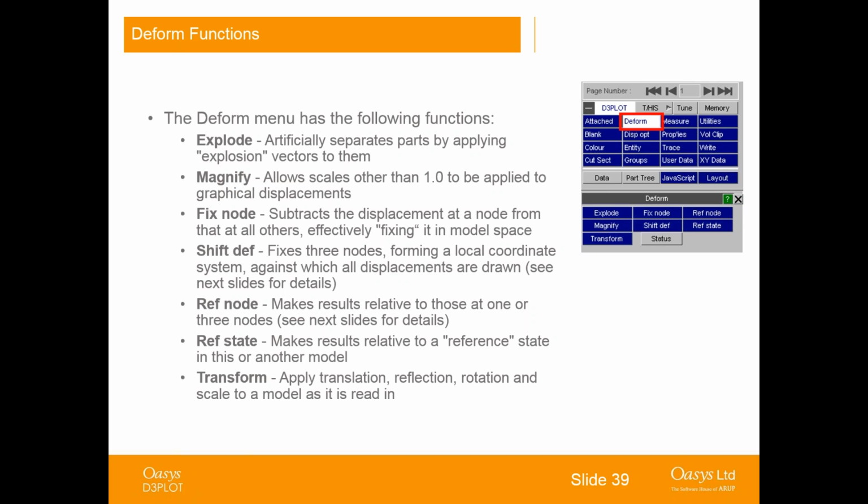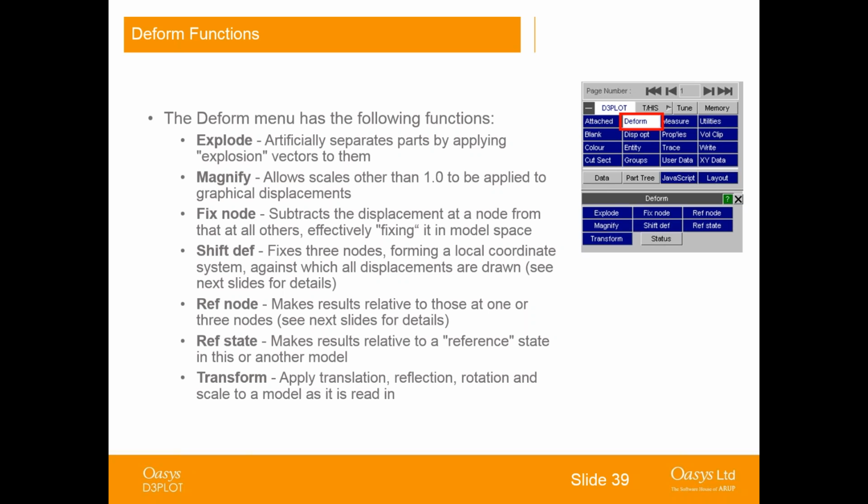This is useful where you have very small displacements and you want to see what's going on. We can fix a node. If, let's say, you have an impact analysis and your body is moving quite a long distance and going off the screen, we can fix a node on that body, so everything is displayed relative to that fixed node.